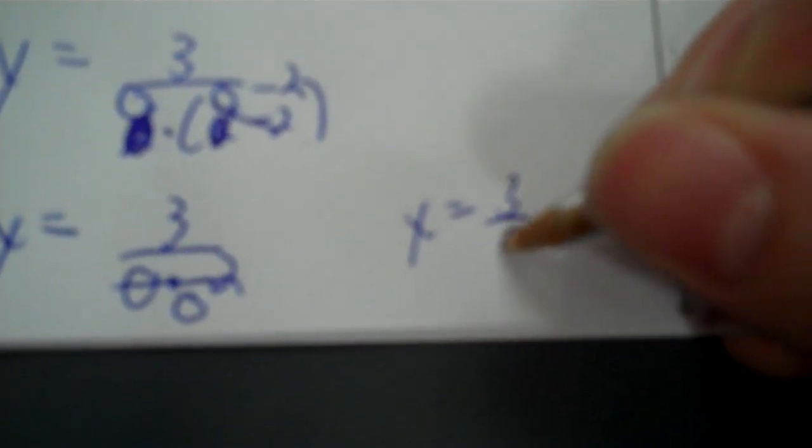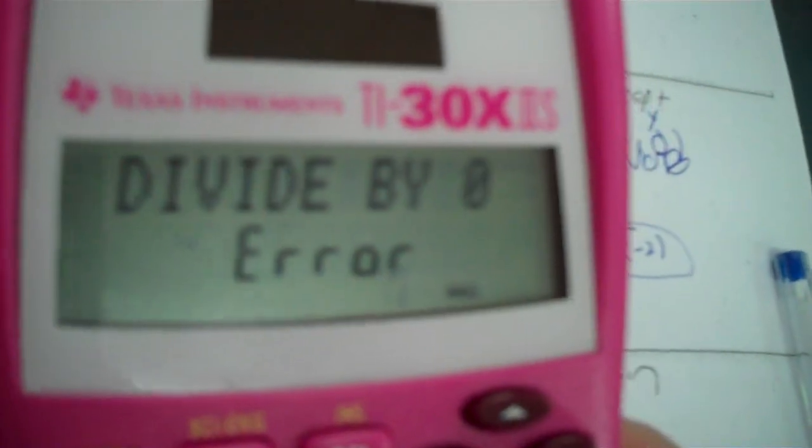Now 0 minus negative 2 is negative 2, so I have 3 divided by 0 times negative 2. 0 divided by negative 2 is 0. So y equals 3 divided by 0. Take your calculator and divide 3 by 0. It says error. So when you do that division, you get error. That means you also have none on the y-intercept. Okay? The graph would never cross the x or the y.